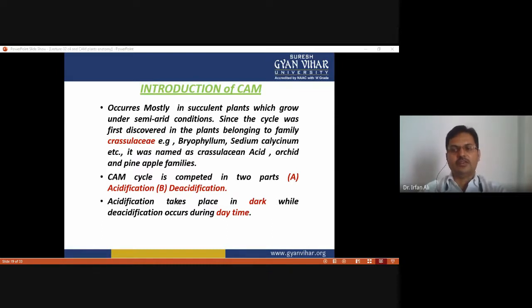We also have to discuss that in the C4 plant there is an adaptation to prevent photorespiration, which is called structural adaptation. Here is another adaptation, called behavioral adaptation, to prevent photorespiration as well as loss of water or transpiration.